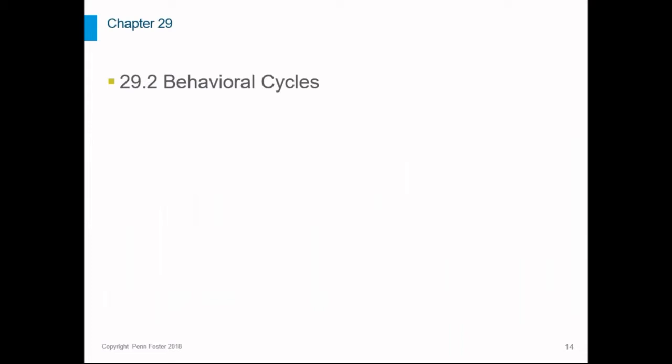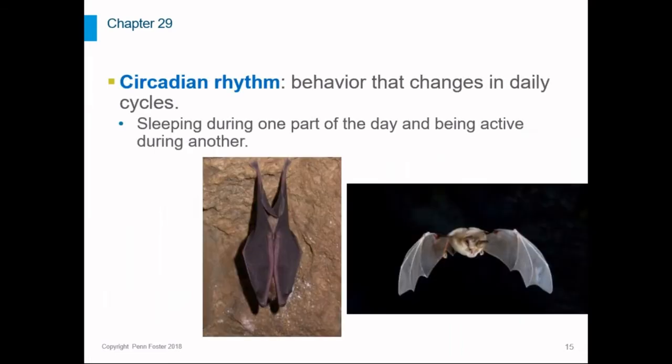The second section is behavioral cycles. So animal behavior can change in daily cycles going along with daily changes in light and temperature. These changes are called circadian rhythm, and they combine both physiological changes and behavior changes. So examples would be some animals sleep during the night and are active during the day.